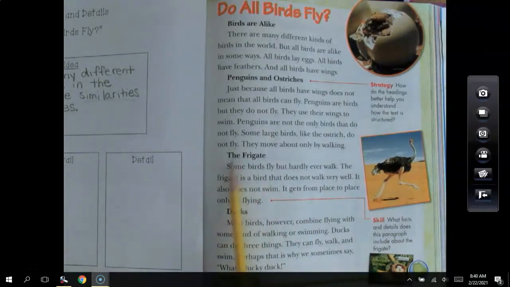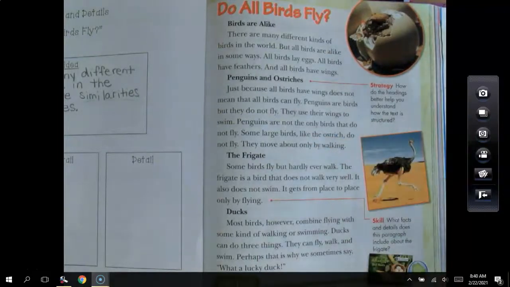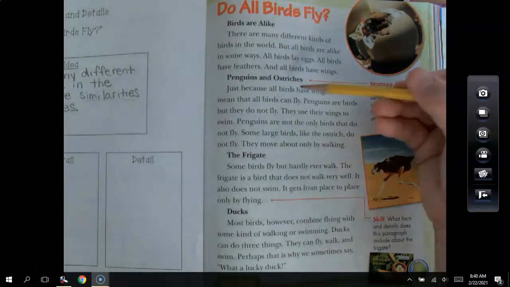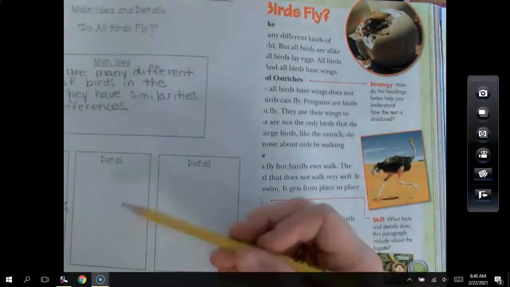And if we look at the frigate, it is so different from the penguins and ostriches because the frigate hardly ever walks and does not swim. They get from place to place only by flying. So how could I take that information from both of these paragraphs and write a detail?